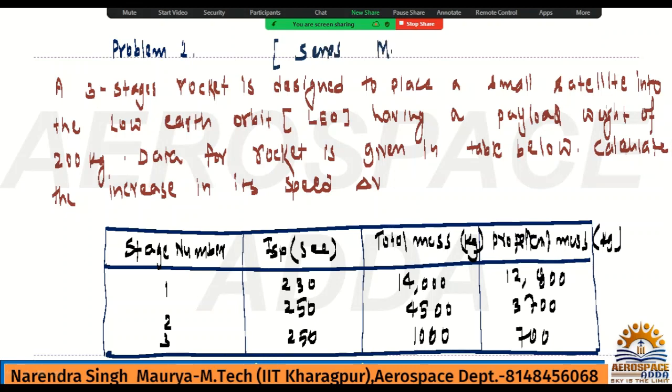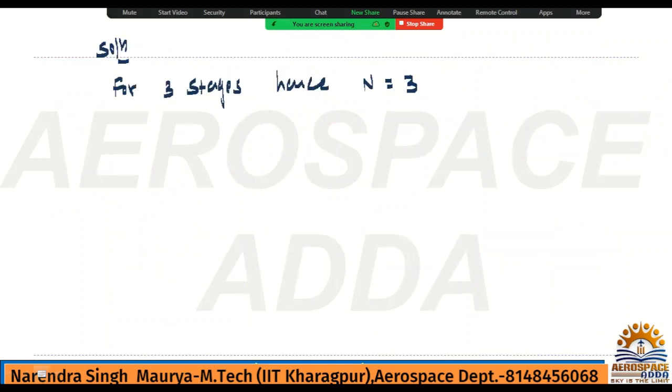I will write it here also: series multi-stage rocket. Here for series we have 3 stages, hence capital N is 3.